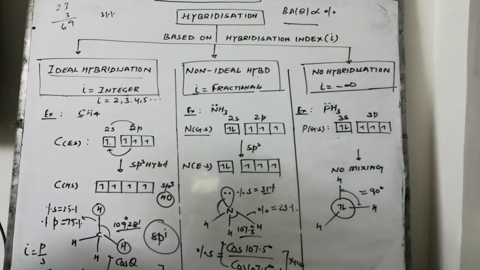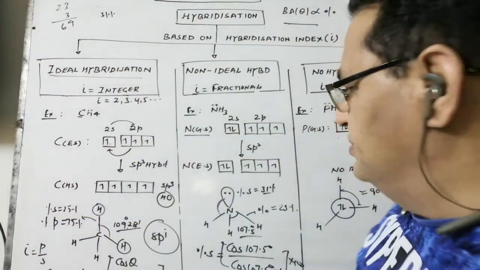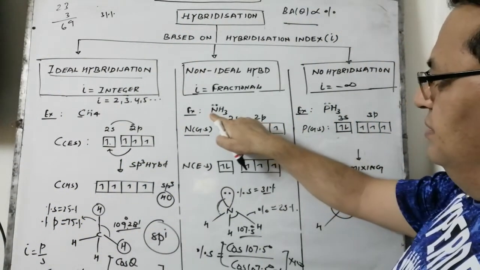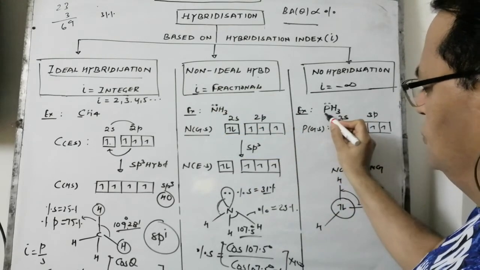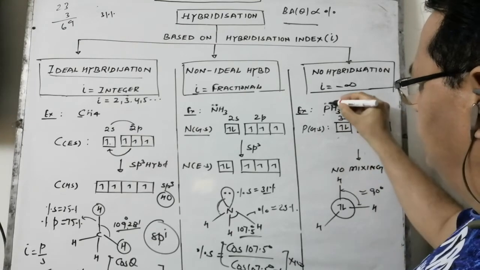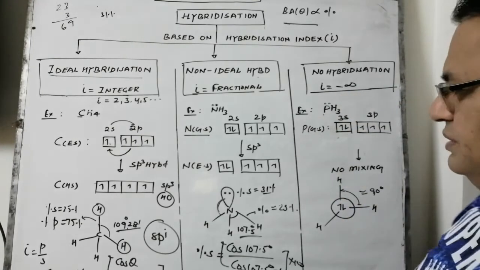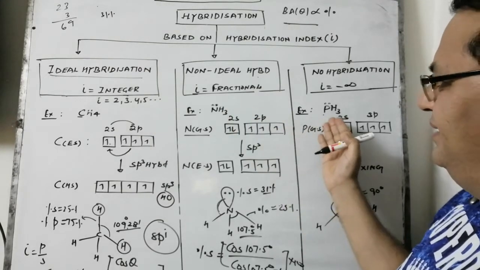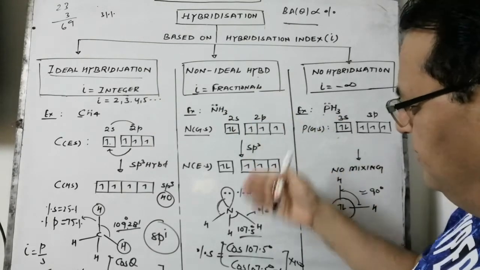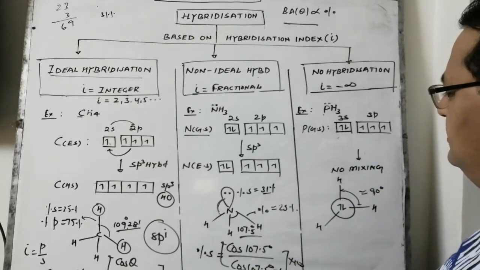A very, very interesting case is this one, the phosphines. Just down the group after nitrogen, we come to phosphorus. If it forms the hydride with hydrogen, it is PH3. It is expected that its structure and hybridization have to be like this, but exactly that is not the situation here.